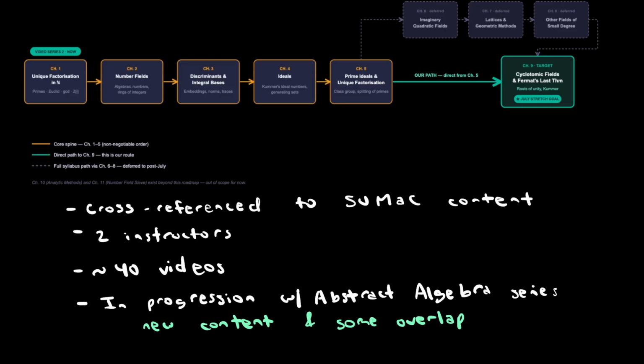And once we reach chapter 5, instead of taking the long way through quadratic fields, geometry of numbers, and small degree fields, we're going to be jumping straight to chapters 9, 10, and 11, which consist of cyclotomic fields, Fermat's last theorem, and some other exciting information.